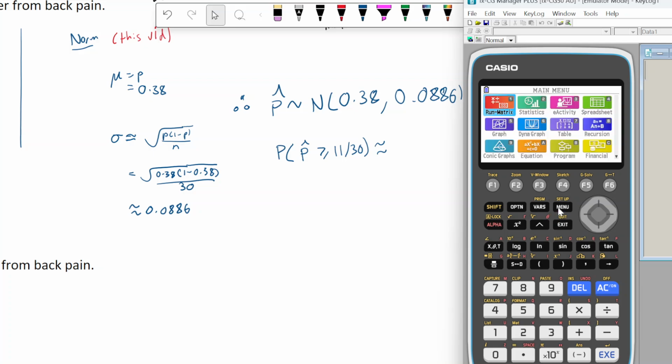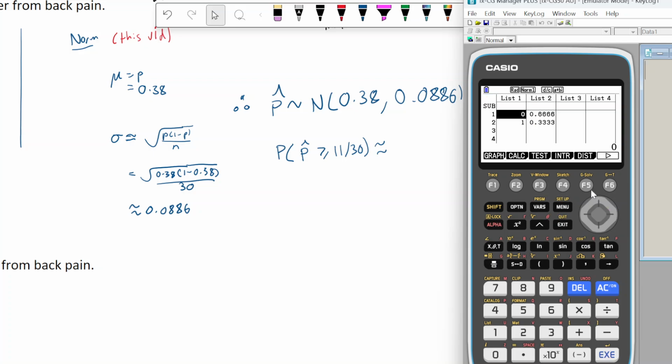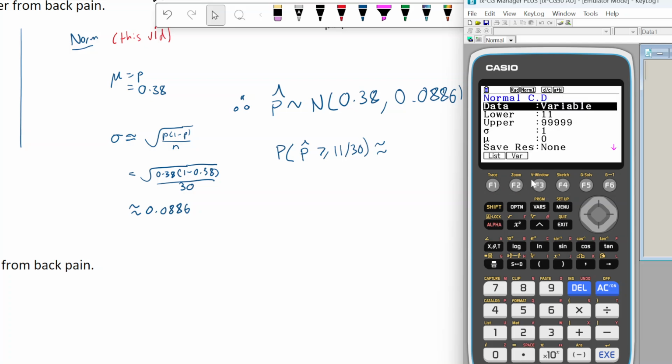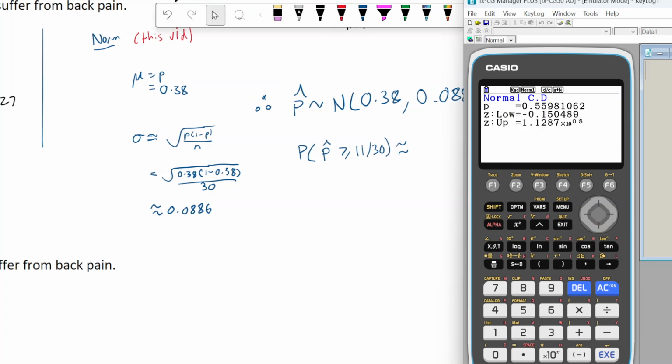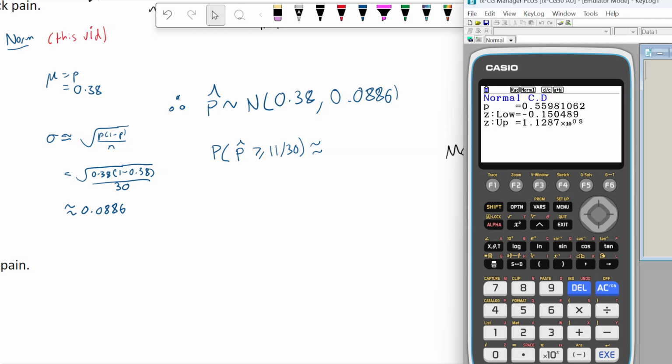So let's see if we can do that. Stats, dist, norm, NCD. We thought we were done with normal CDFs. We were not. 11 out of 30, a whole bunch of 9s. Or technically, the highest it can go is a 1, but your calculator doesn't know this because it doesn't realize we're talking about probabilities. 0.38. If we do that, we're going to get 0.559. Okay.